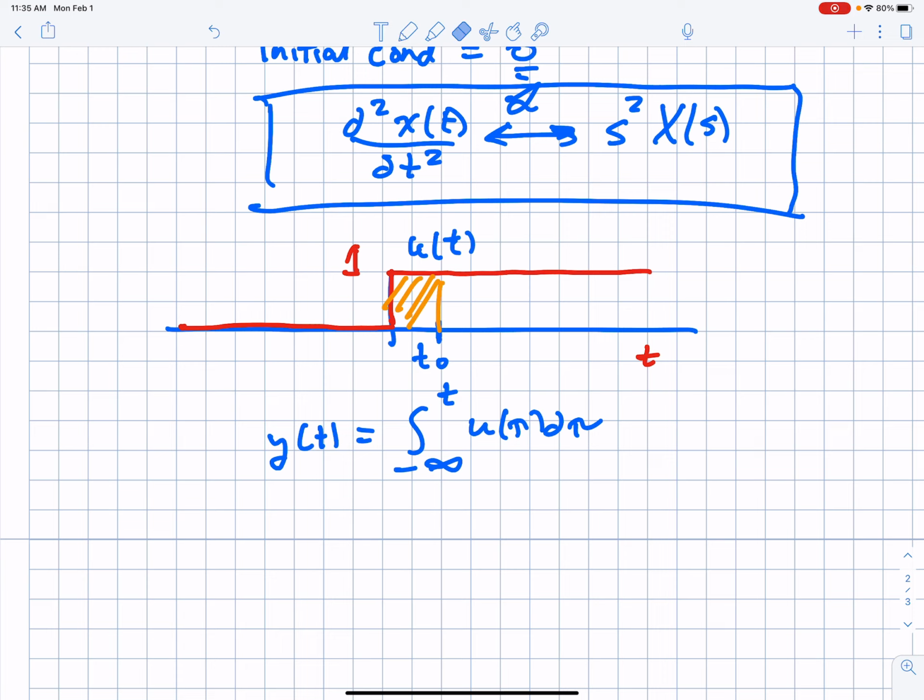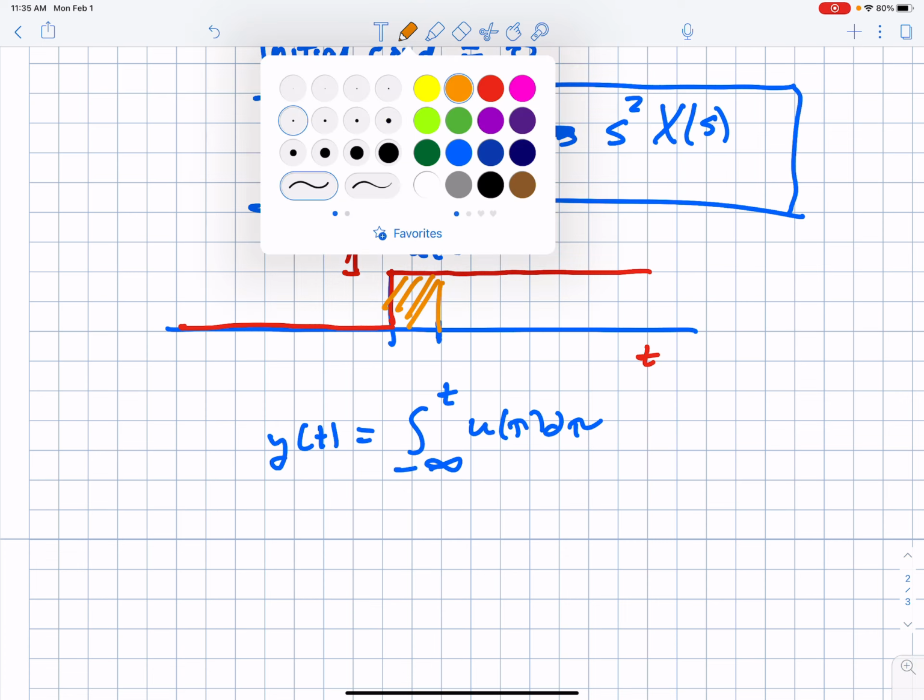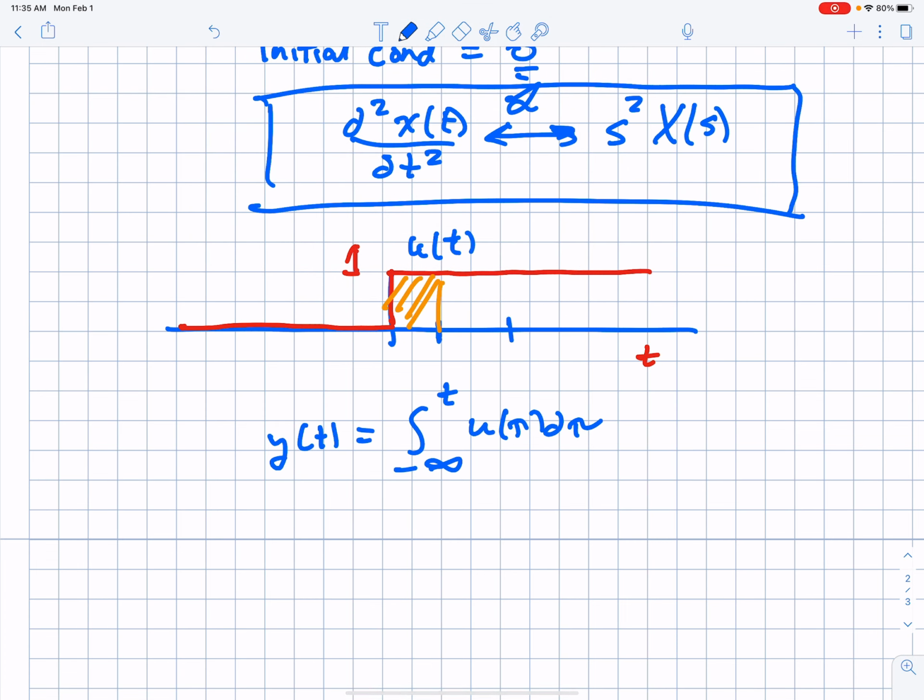And if I kept marching along in time, where this is now time t, I would just keep adding area. If I looked at the area under the curve, this has a height of 1 and a width of t, so the answer would be simply equal to t. All right, so that's the integral of the unit step.